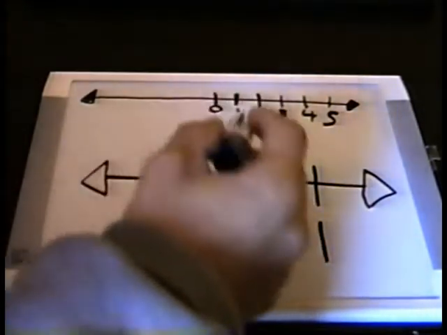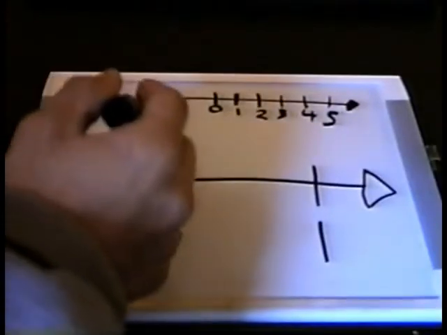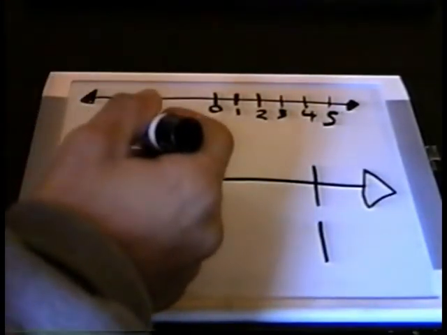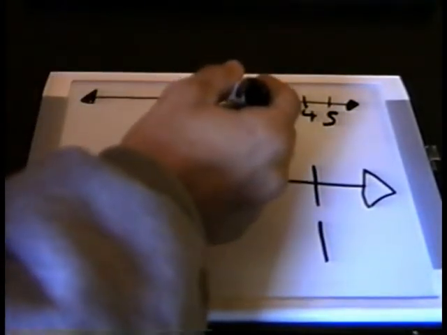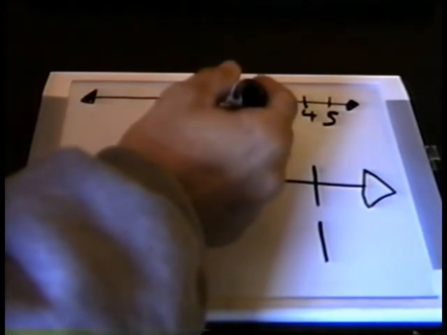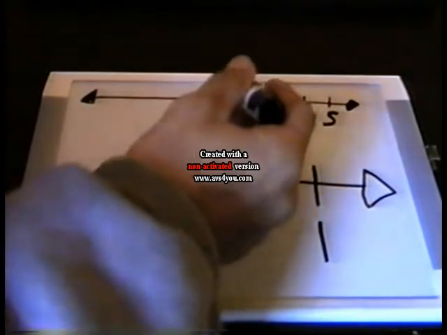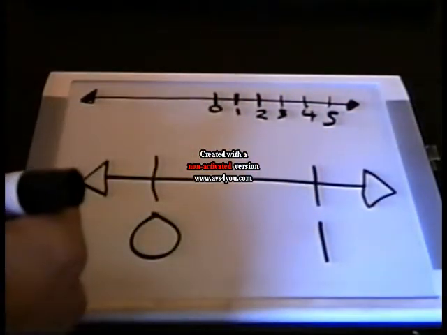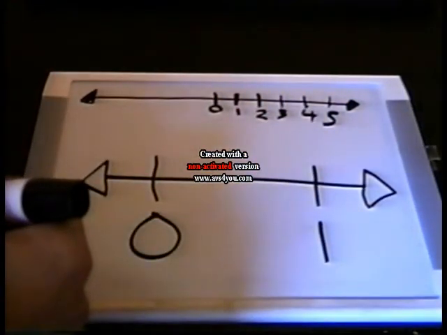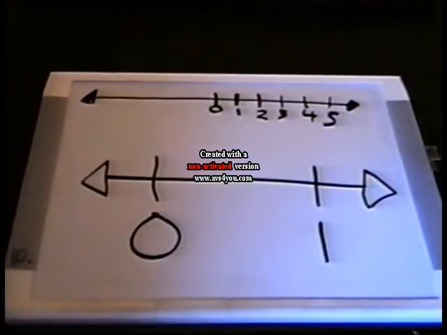For example, we know 1 is a natural number, 2 is a natural number, and also 0 is a whole number. We want to know, what do we call numbers whose position falls in between the positions of the natural numbers?